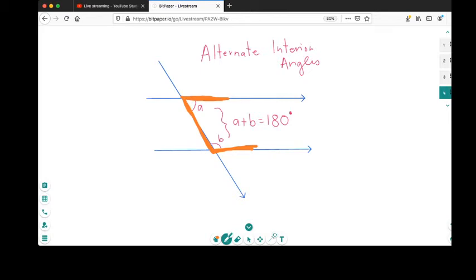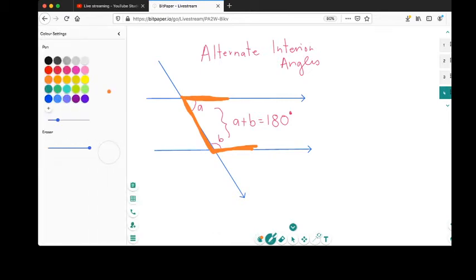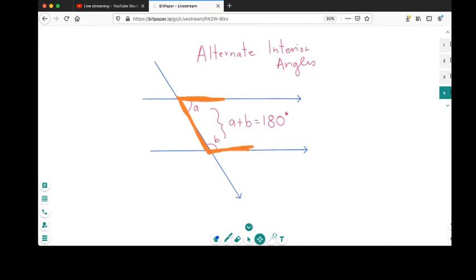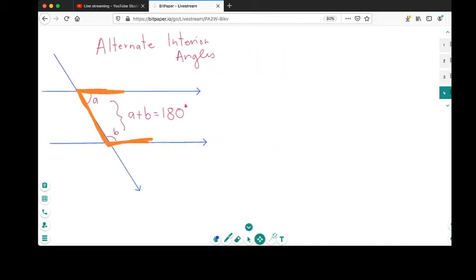Now, what is the reason for that? Well, again, it comes back to our supplementary rule. When I say that the reason is because of our supplementary rule, what I mean is that, again, let us picture a straight line, okay? And this straight line is being intersected by some other line.